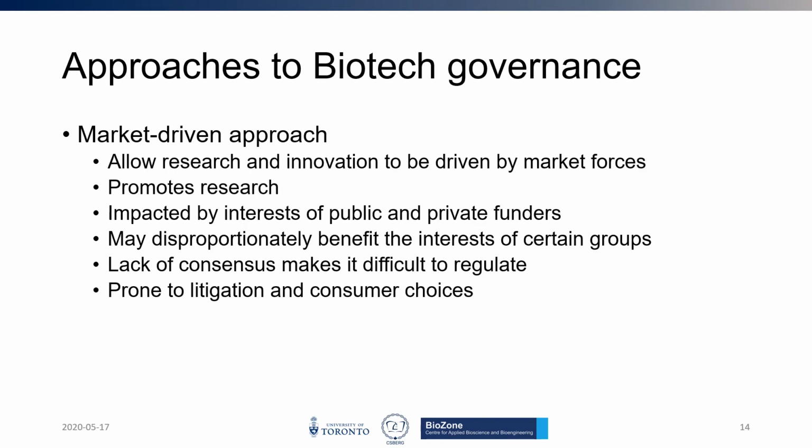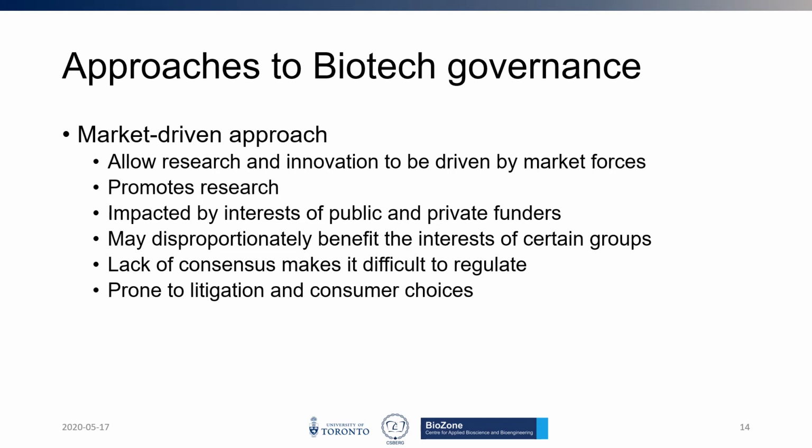And finally, you have the market-driven approach, which is the more free market way of controlling synthetic biology, which has the benefit of allowing the research and innovation to be driven by market forces. So it promotes generally the most research, but there are certain caveats with regards to the interests of private and public funders having a bit of an outsized effect on how decisions are made, given that it is driven by money and the market and the demand and the supply.